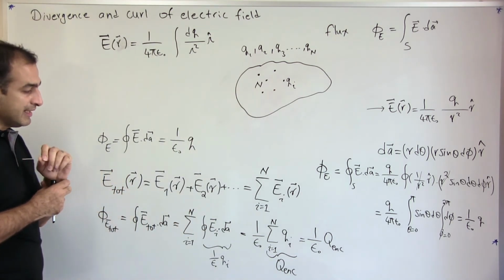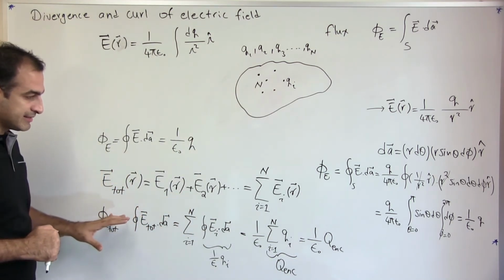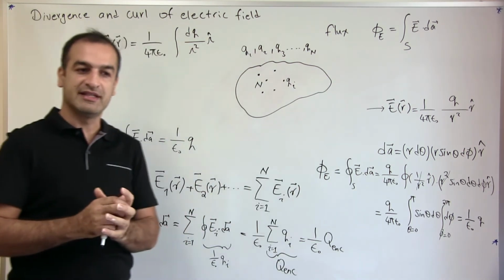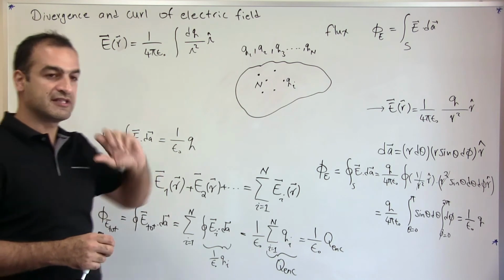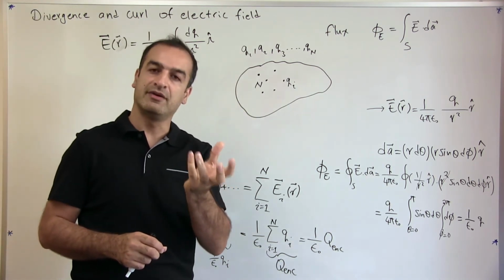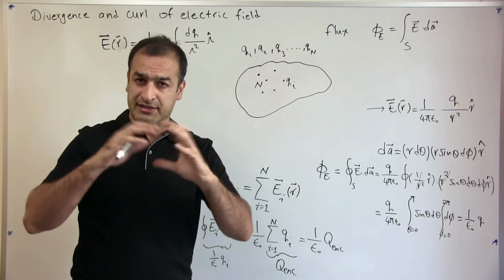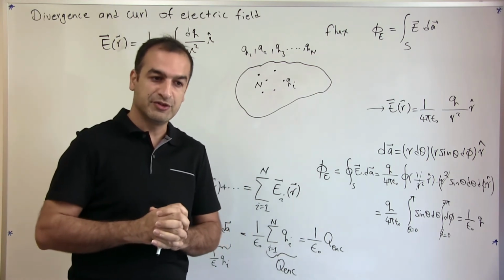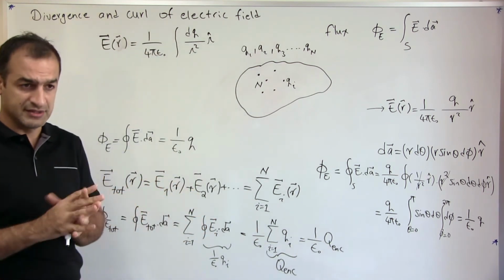And now the beauty of this is that in certain cases where we have certain symmetries, we can easily calculate the electric field, because from the symmetry we can come up with certain assumptions about how the electric field is distributed and what its direction should be, and that makes a lot of calculations easy.